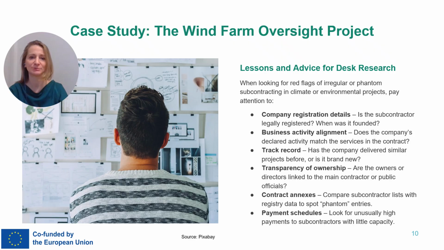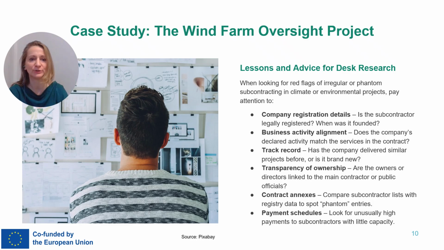How were the red flags found in this project? Local watchdog groups and engaged citizens carried out desk research using publicly available documents, that is, procurement contracts and annexes, so listed subcontractors, their roles, and payment schedules. They also checked business registry records, whether subcontractors were legally registered, their founding dates, and declared activities.